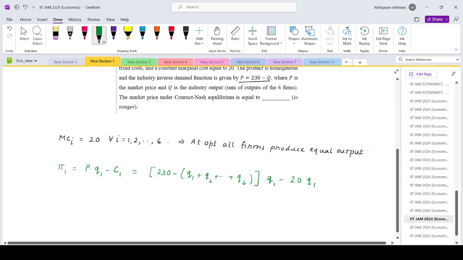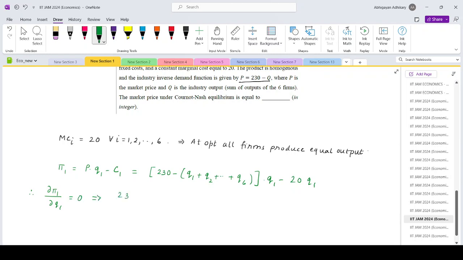For determining firm 1's output, what you should do is partially differentiate pi 1 with respect to Q1 and set it equal to 0. So that will be 230 minus (Q1 plus Q2 all the way till Q6) minus Q1 minus 20 equals 0.